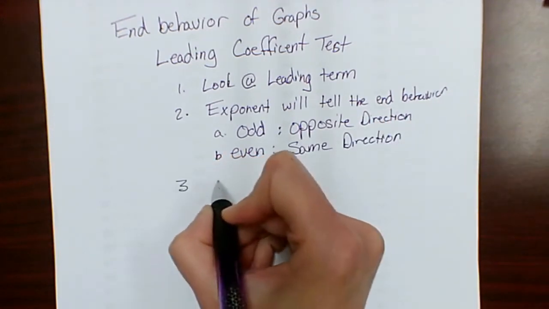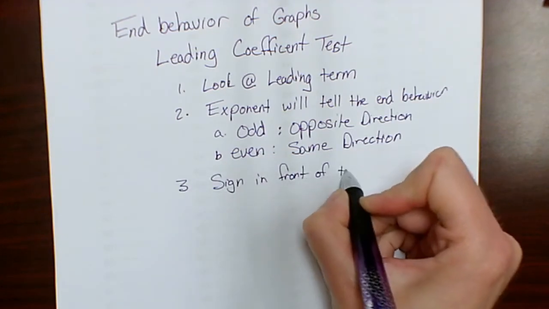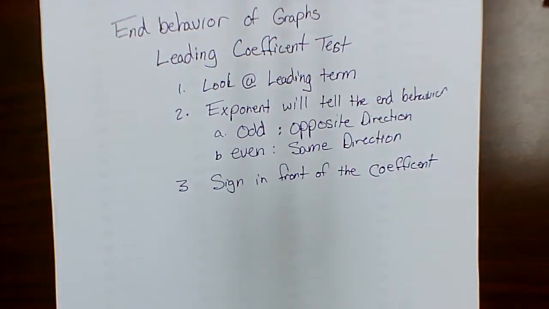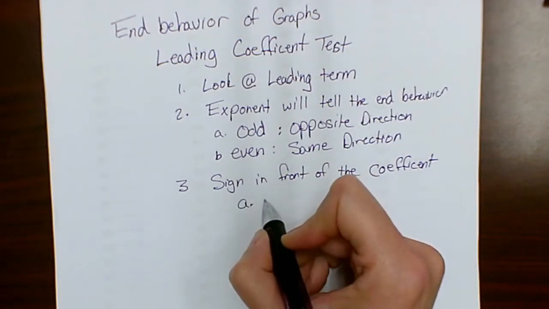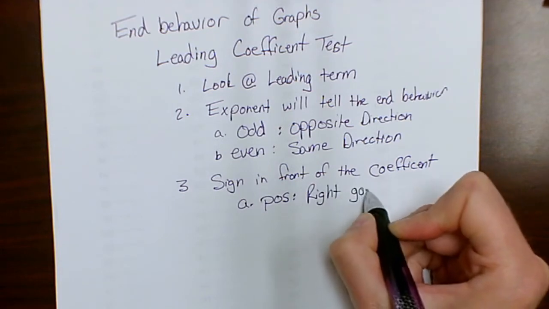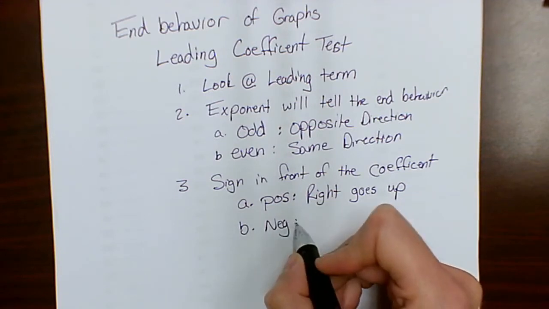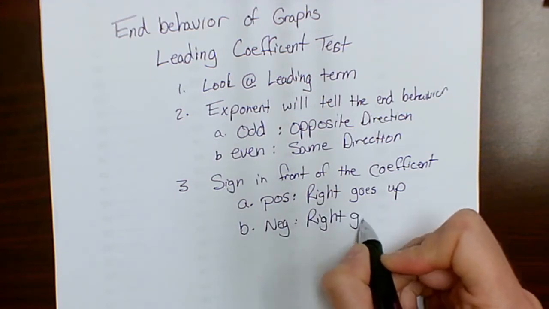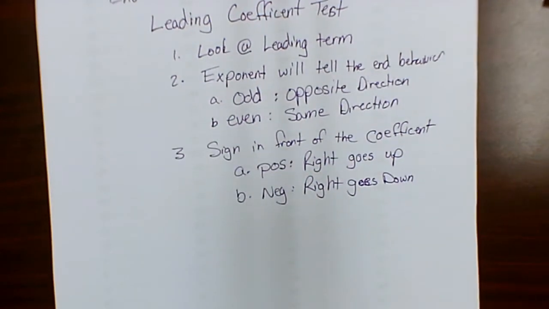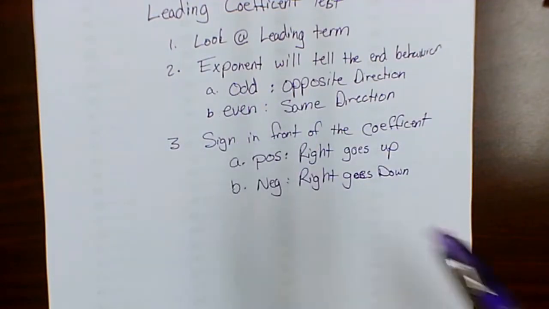And then we're going to look at the sign in front of the coefficient. If we have a positive term, then the right side goes up. If we have a negative, then the right goes down. Then you can figure out where the left is going depending on whether you're going the opposite or same direction.